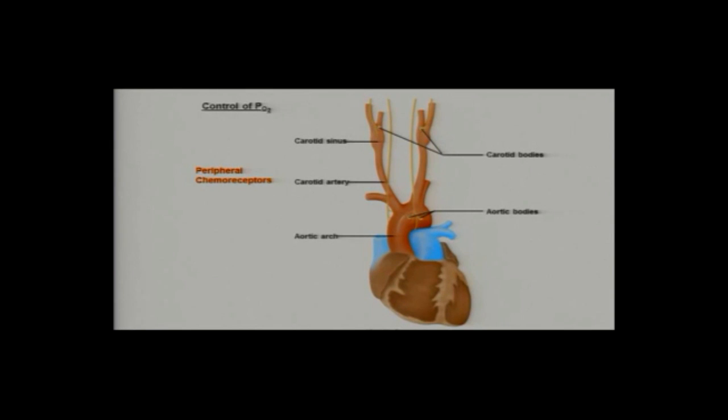It may not be as obvious why we should care about PCO2, but the production of PCO2 directly reflects metabolic activity. The more metabolically active your tissue is, the more carbon dioxide it will produce.